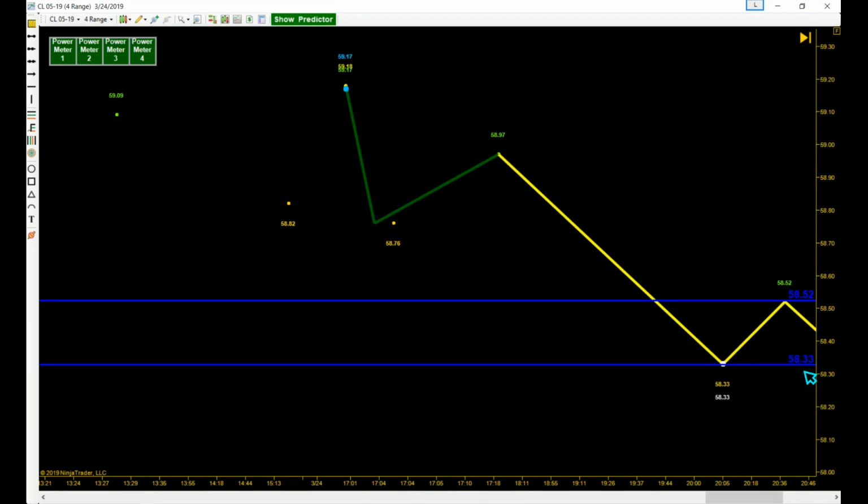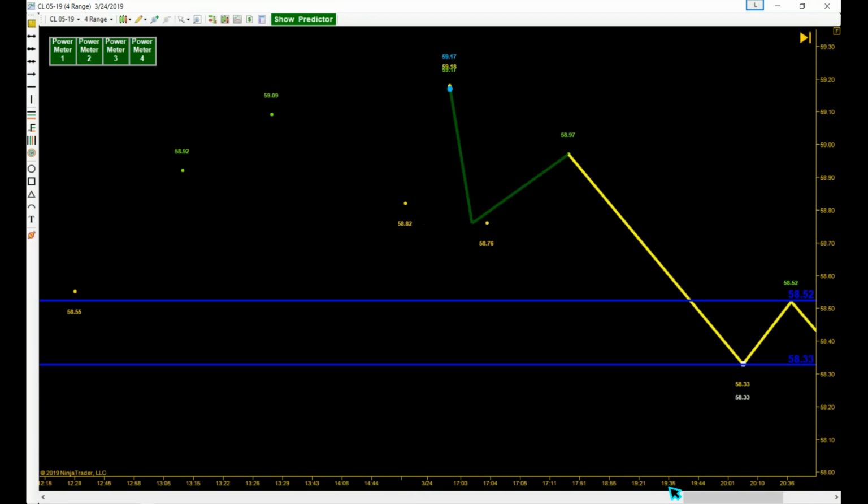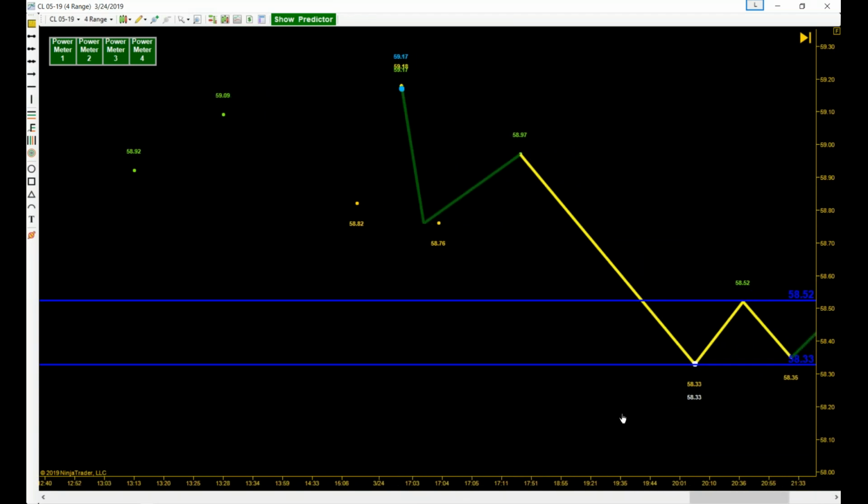Now, if they were to break this 33, come back and kiss anywhere in this area here, I'd box it and short it. If they broke this area here, this is what that new indicator is going to be letting you know. If they do a low lightning 3, a high lightning 3, and a higher lightning 3 on the higher low, then it's going to warn you of a potential trend change.